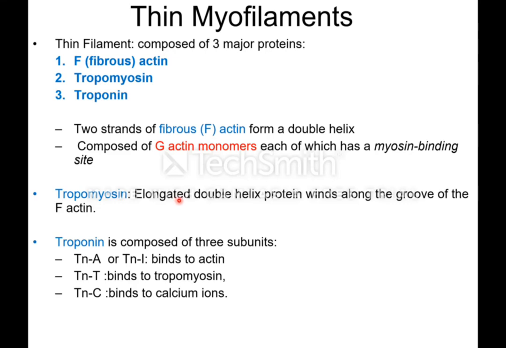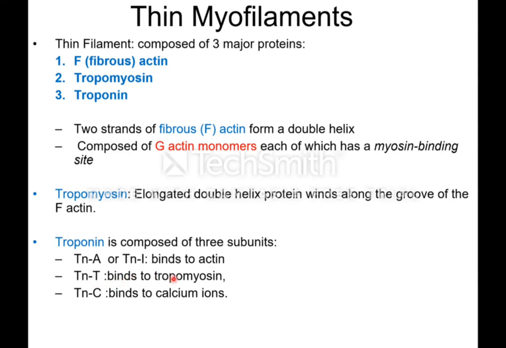Tropomyosin is an elongated double helix protein that binds along the groove of the F-actin, forming the F-actin or fibrillary actin. Troponin is composed of three subunits: troponin I, the inhibitor, binds to actin and inhibits the binding of actin to myosin.